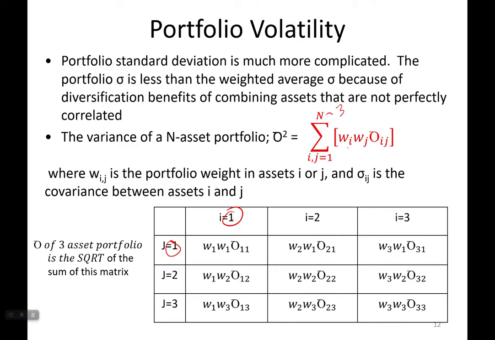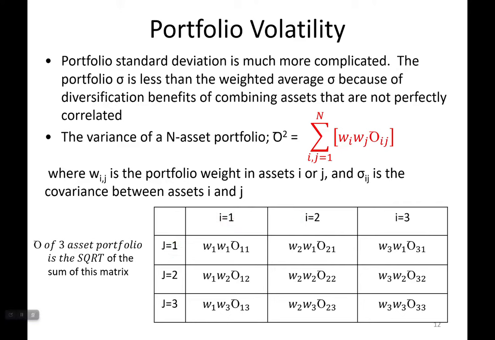Plug and chug the formula: w_1, w_1, sigma_1,1. Set i equal to 2 and j equal to 1, and plug and chug my formula: w_2, w_1, sigma_1,2. Set i equal to 3 and keep j equal to 1. So when you apply this formula, i and j equal 1 to n, what it's doing is accounting for all of the pairwise combinations of those assets.